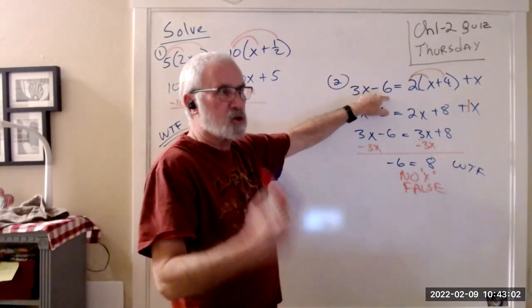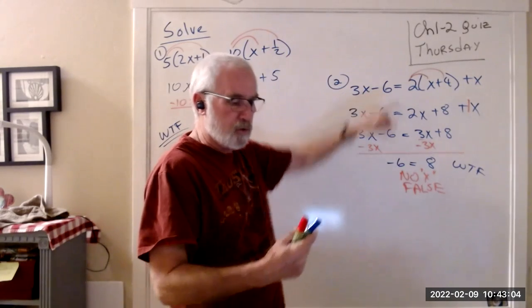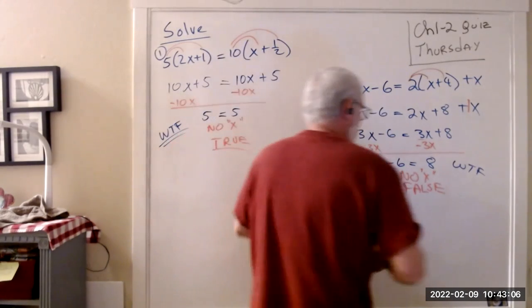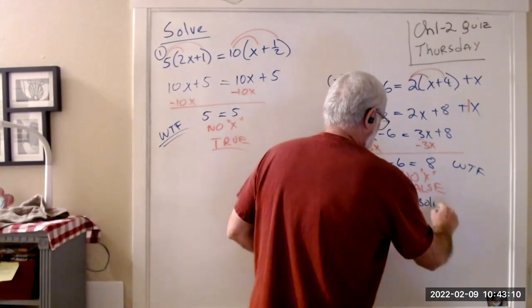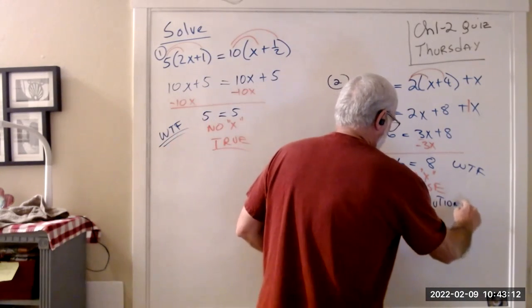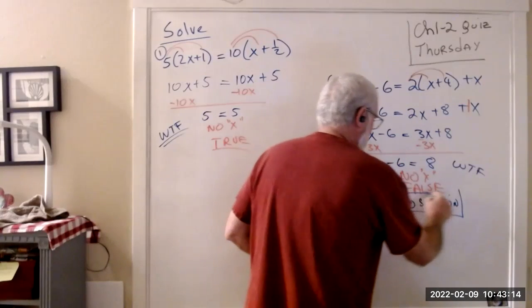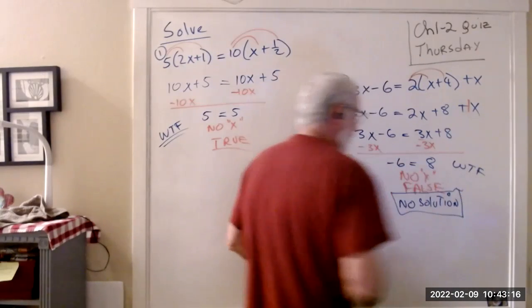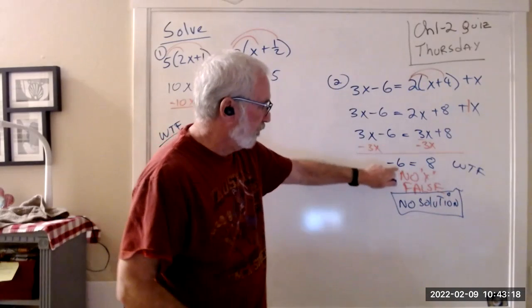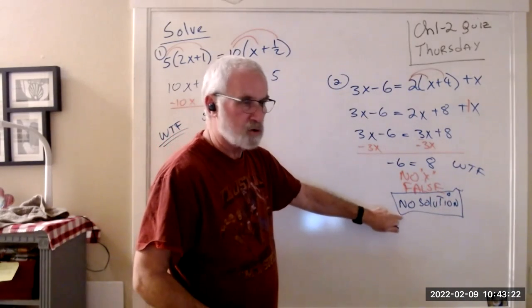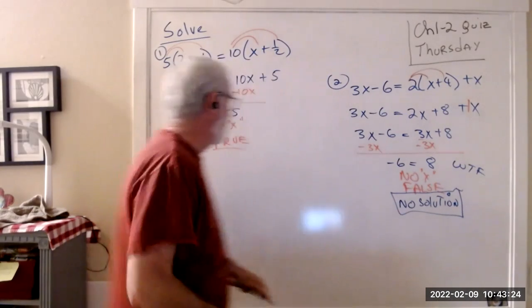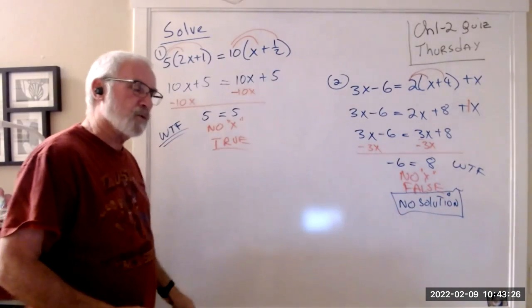Remember, with x's, we're searching for truth. So this problem is no solution. And you should have run into a few of those on your homework over the weekend. Because it's no x's and false, this has no solution. There's no answer.